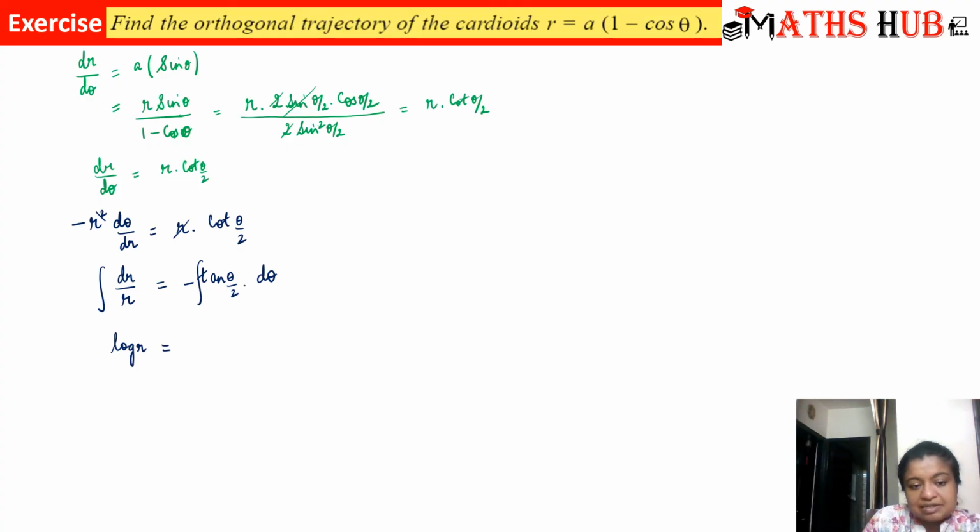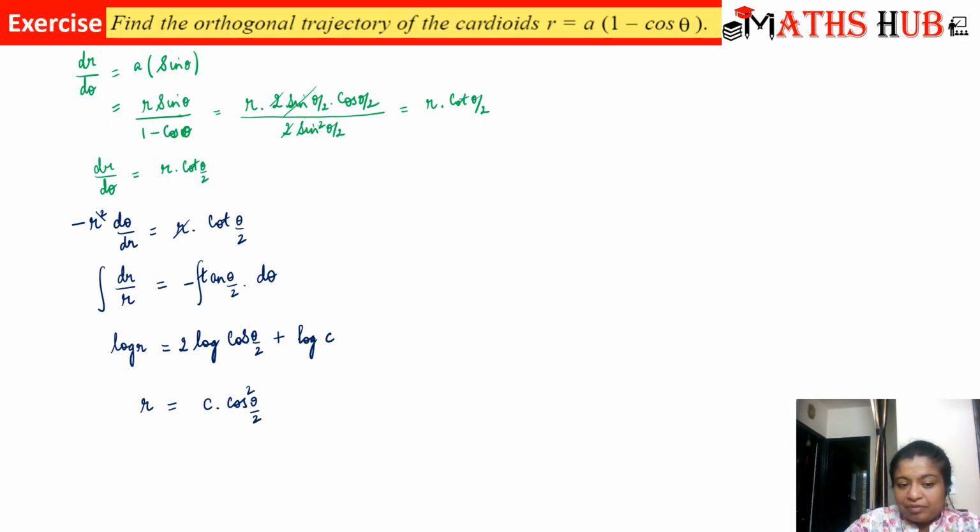So that will get cancelled and it will become log cos theta by 2 and we will get a 2 along with it, right? Plus log c. So I can write this as log c. So from here we get r is equal to c into cos square theta by 2, right? So that becomes my curve or the orthogonal trajectory to the given family of curves of the cardioid, right?